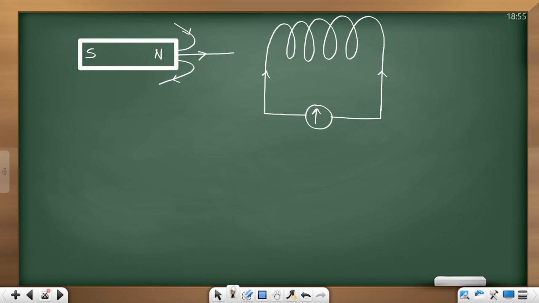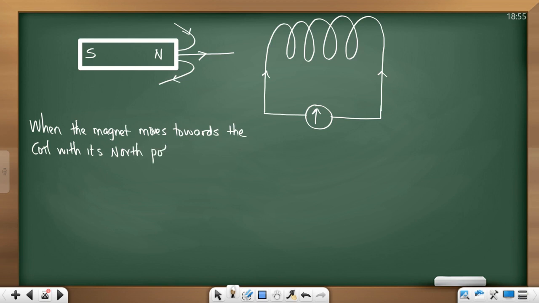Now, when the magnet moves towards the coil with its North Pole, the distance between the magnet and the coil decreases.